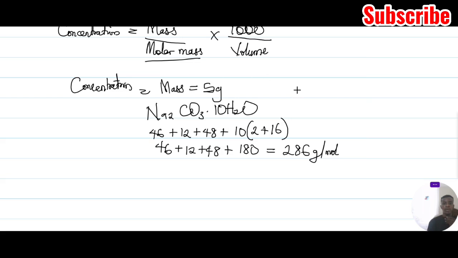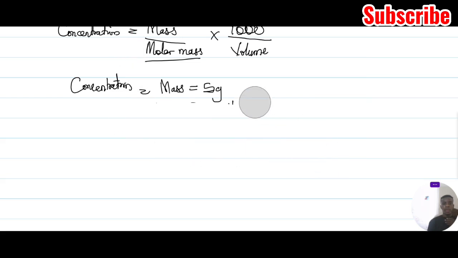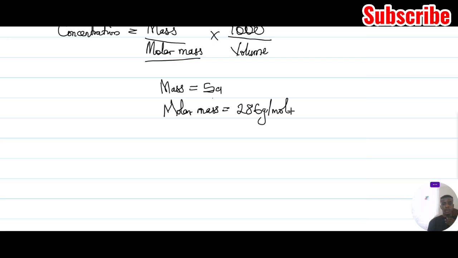So our molar mass becomes 286 grams per mole.